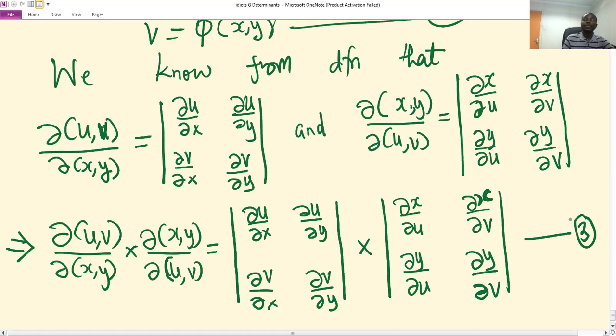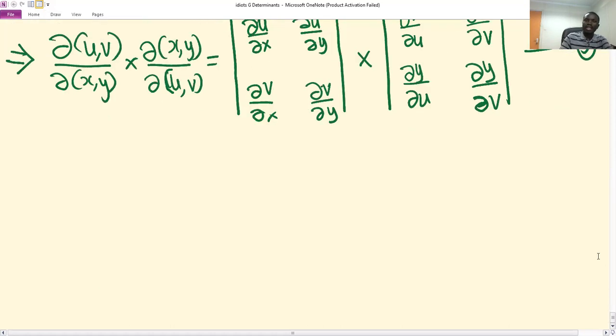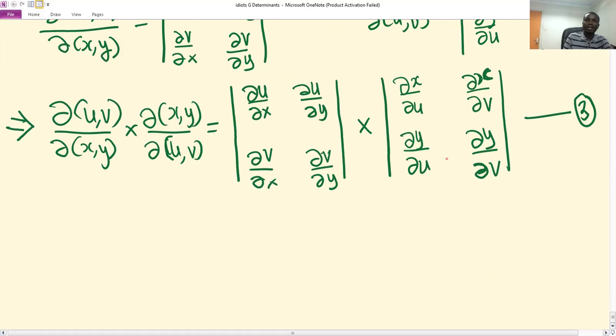In this proof, it is assumed that you know the properties of multiplication of two determinants. If you don't know them, please watch videos on linear algebra. The task now will be to evaluate this determinant. Remember, one of the properties of determinants is that the determinant of a matrix is the same as the determinant of the transpose of the same matrix.